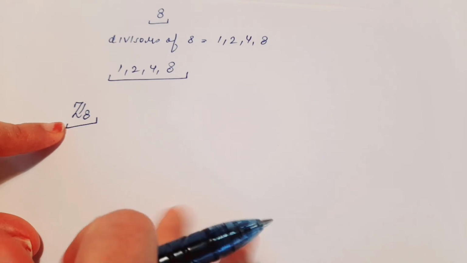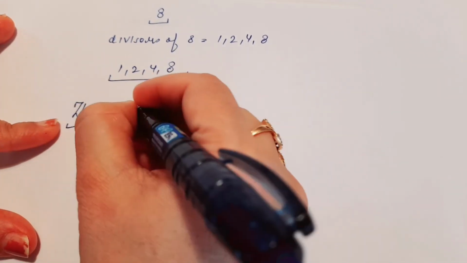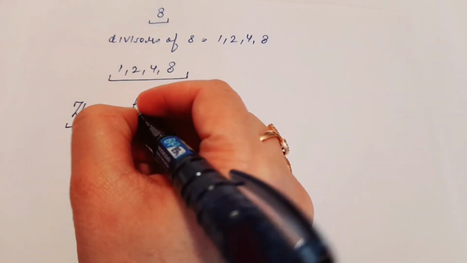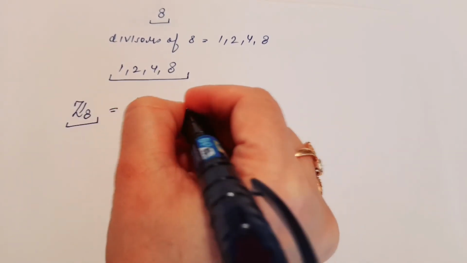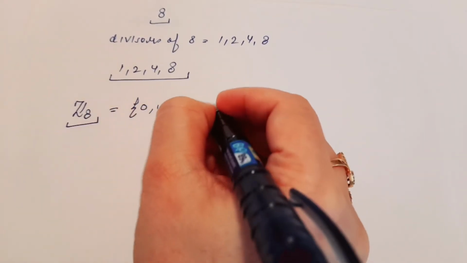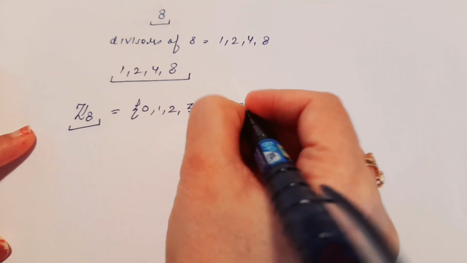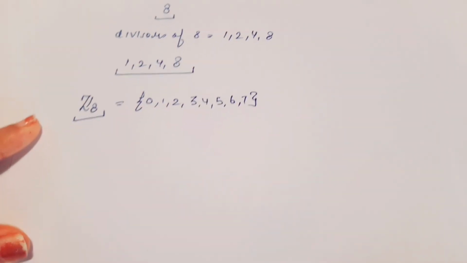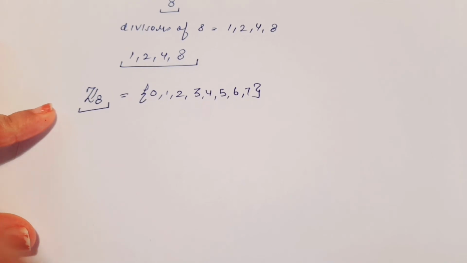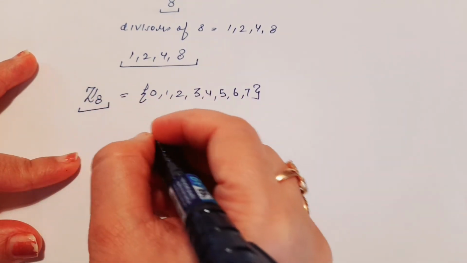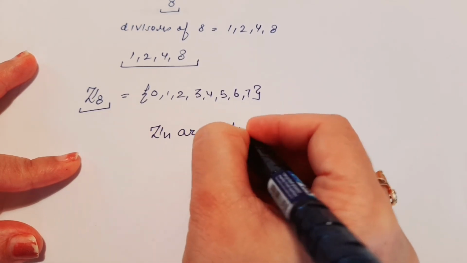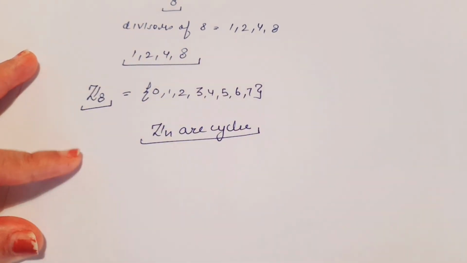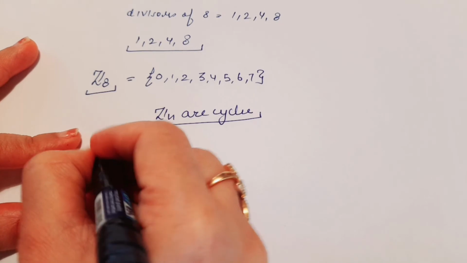Z8 is 0, 1, 2, 3, 4, 5, 6 and 7. As you know, all Zn are cyclic, so it will have only cyclic subgroups.